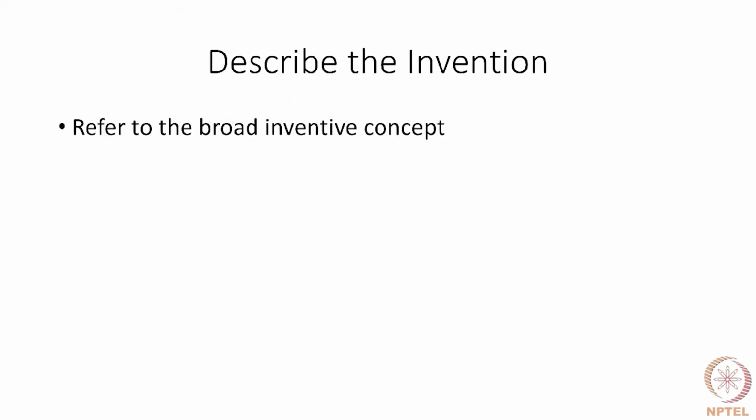Now, the essence of the detailed description is to describe the invention. So it has to refer to the broad inventive concept. It has to avoid limitations, because limitations is something which we would do in the claims, and we don't want anything that we refer to in the detailed description to be read in a manner that restricts the scope of the claim.